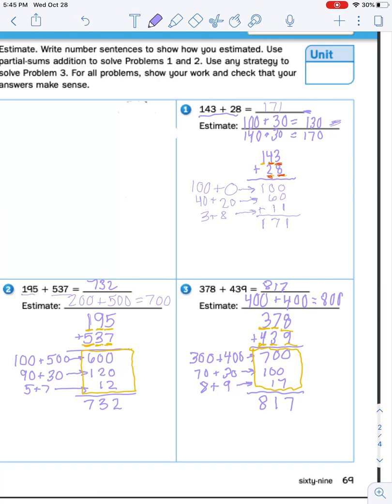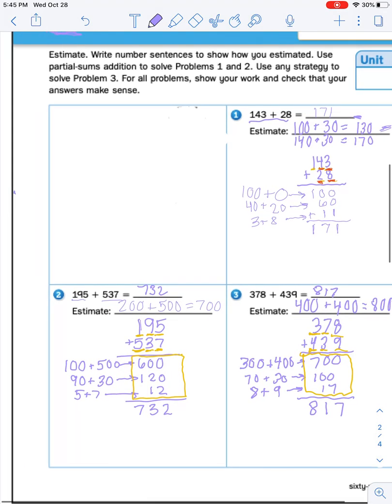All right, I want you to listen to one last thing. This method is actually the same as some of what you guys are doing. I've noticed that some of you like to use base 10 blocks to do this. So if you like to do that, you are welcome to, because look, let's look at number 2 right here.